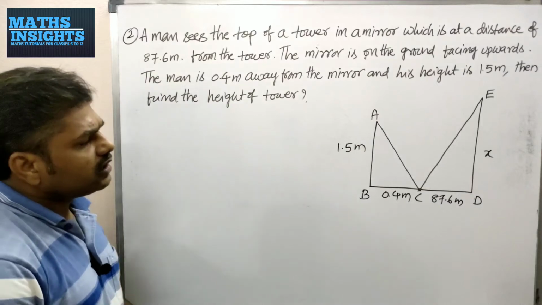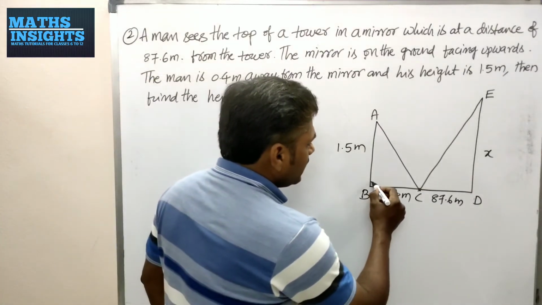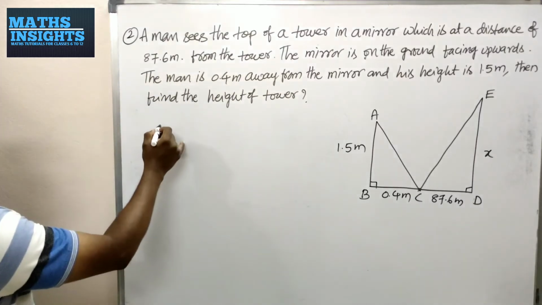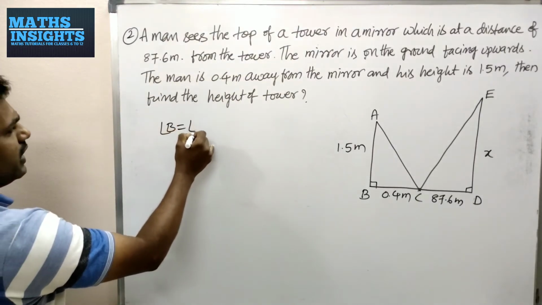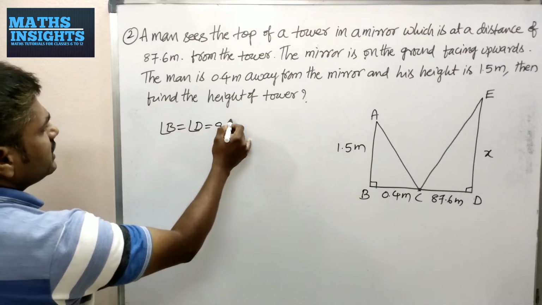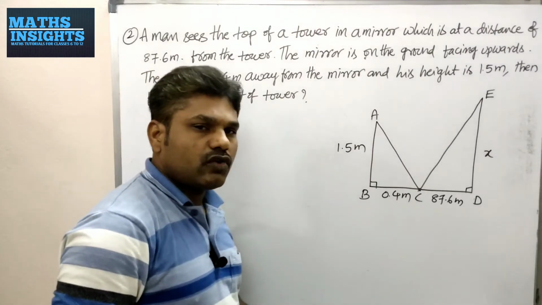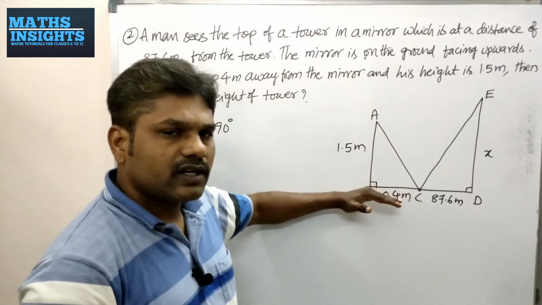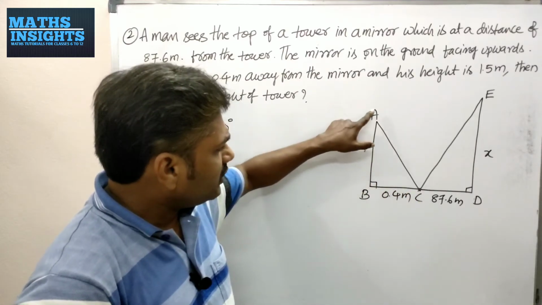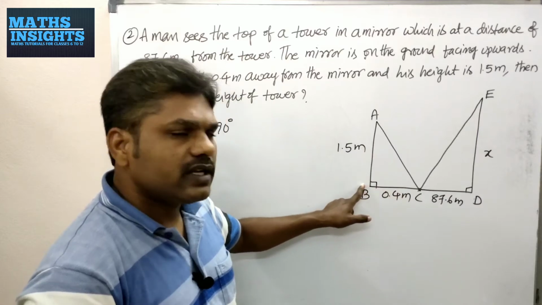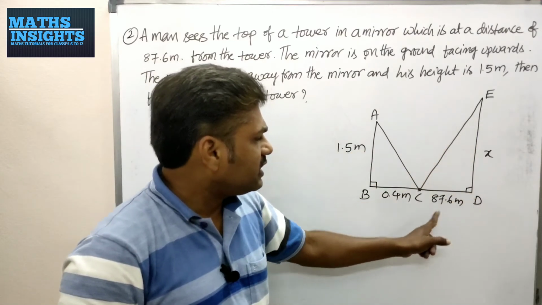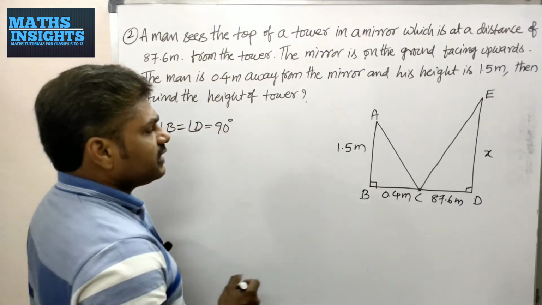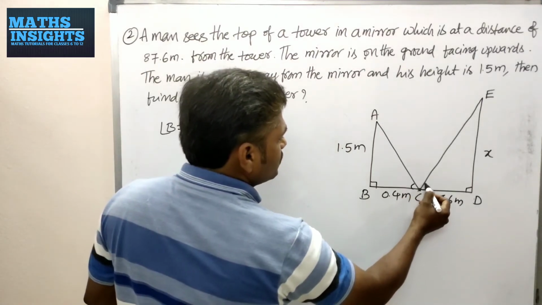We take angle B equal to angle D. Why? Because both are equal to 90 degrees. When we take the shadow or distance between the bottom and the mirror, we take 90 degrees. So in triangle ABC, angle B is 90, and in EDC, angle D is 90. Another angle, this angle is equal to this angle.